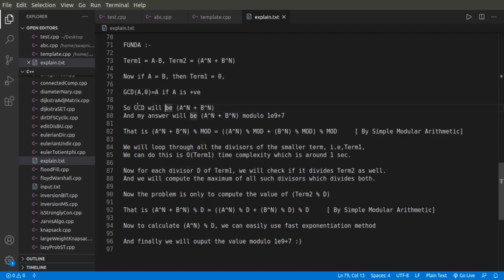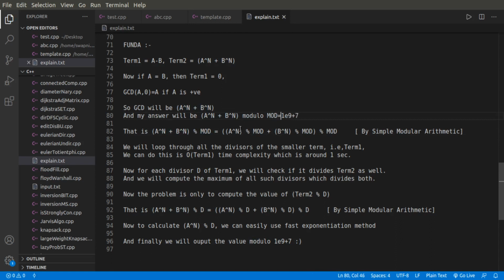So the answer will be this term, because term 1 has vanished. As given in the problem statement, we have to compute our answer modulo 10 power 9 plus 7. So it is nothing but a power n plus b power n mod this term. This term is nothing but mod.